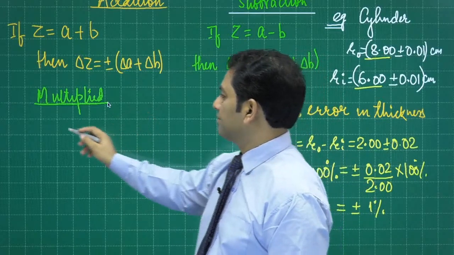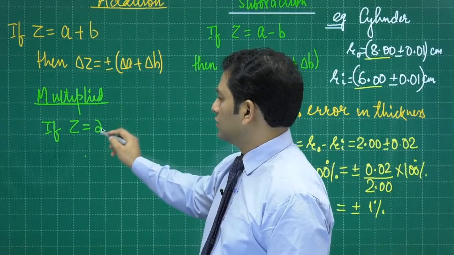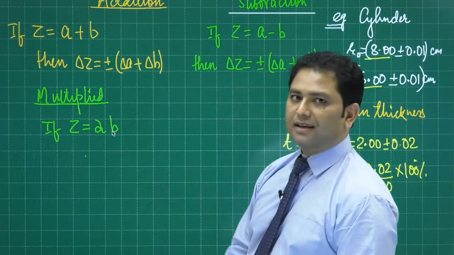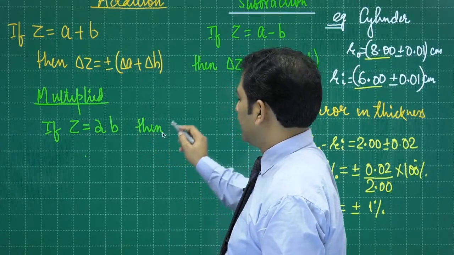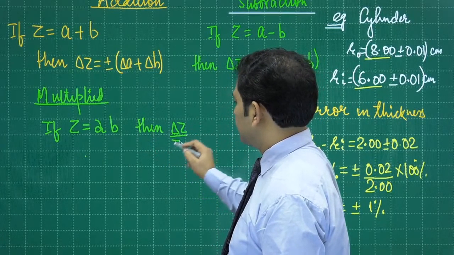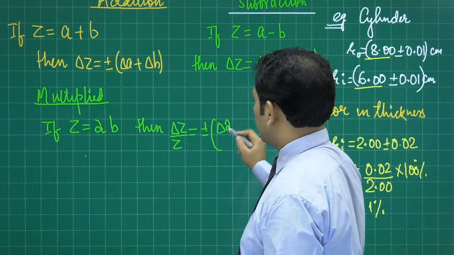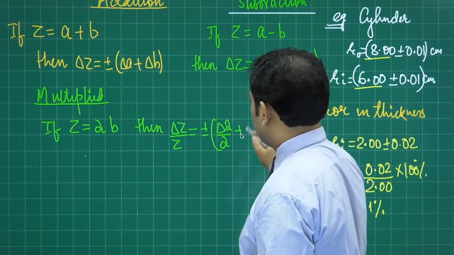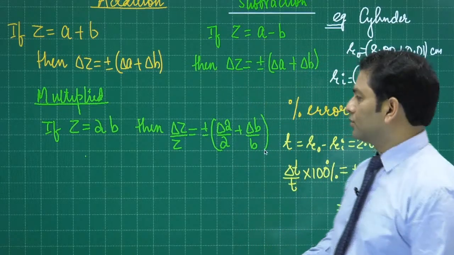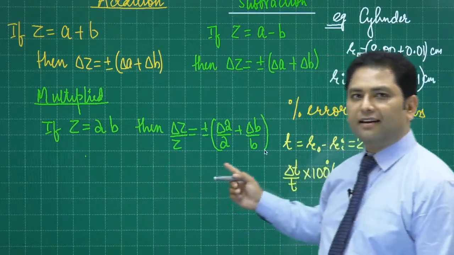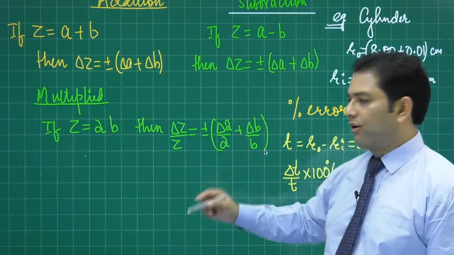Say for a simple example, if Z is equal to A multiplied by B, two quantities are multiplied, then we get delta Z by Z is plus minus delta A by A plus delta B by B. Guys, remember, when quantities are multiplied, the relative errors are added.